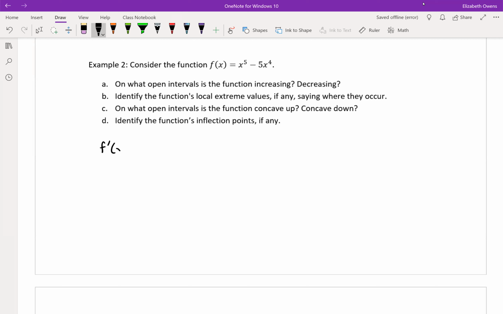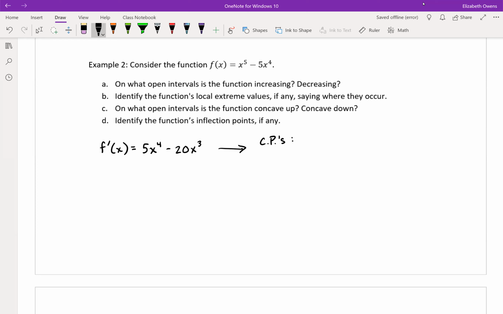F prime of x is going to be 5x to the fourth minus 20x to the third power. And we will want to get our critical points from that. So critical, I'll just put CPs, critical points.